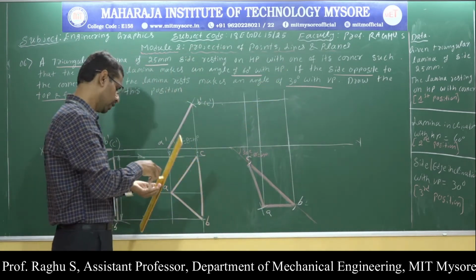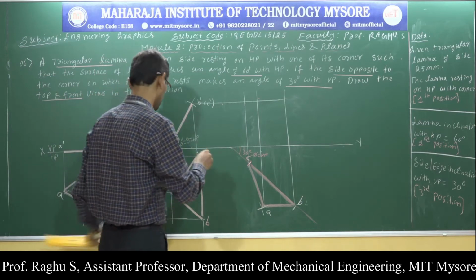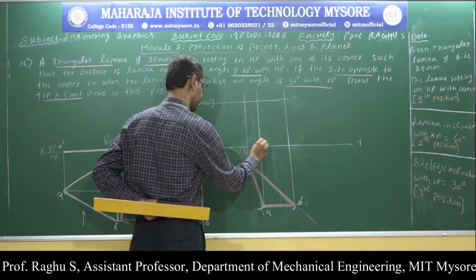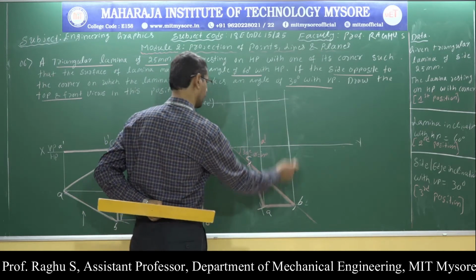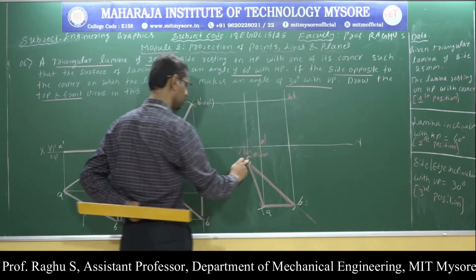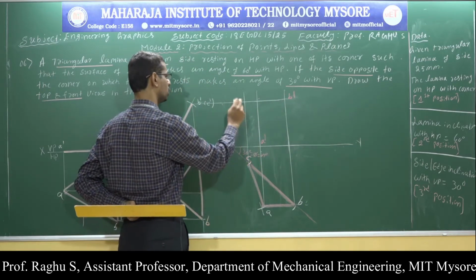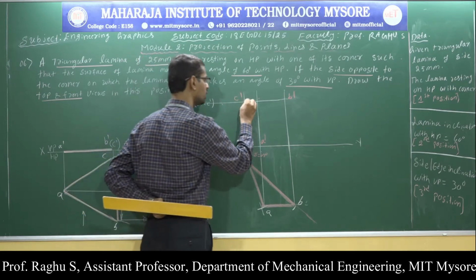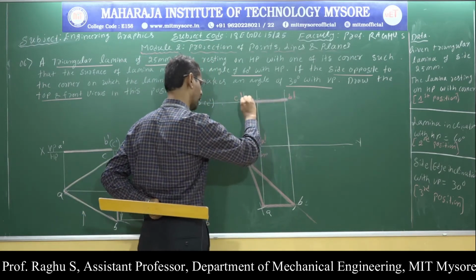Now do the naming. This is the vertical projection of point A and this is the horizontal projection of point A, A dash. This is the vertical projection of point B and this is the horizontal projection of point B, B dash. This is the vertical projection of point C and this is the horizontal projection of point C, C dash. Now connect all three corners to get the final view.